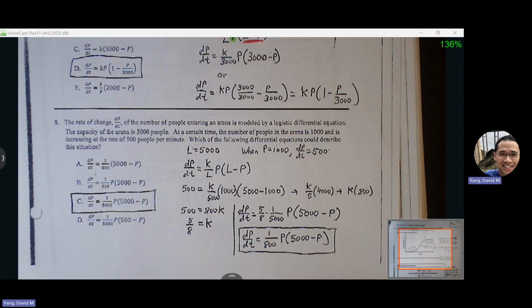Solve for K. Once you solve for K, then put it back into your dP/dt equation and make a match with answer choice C.